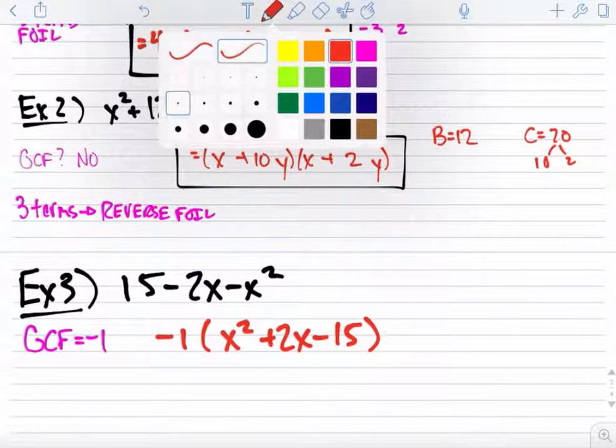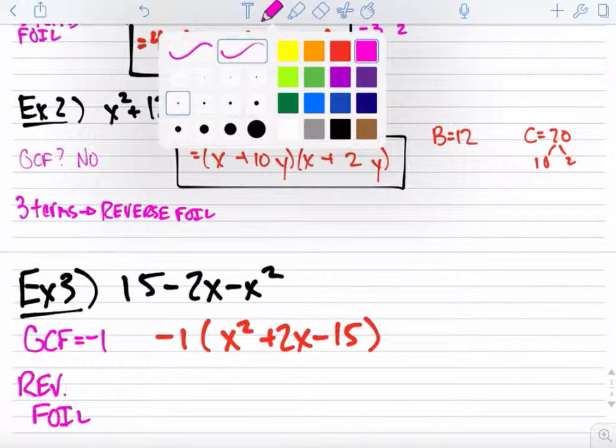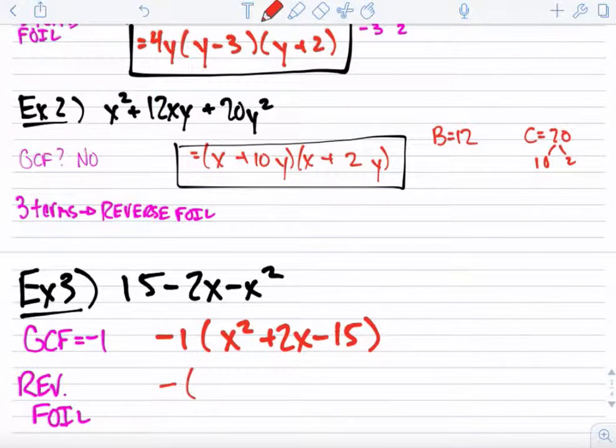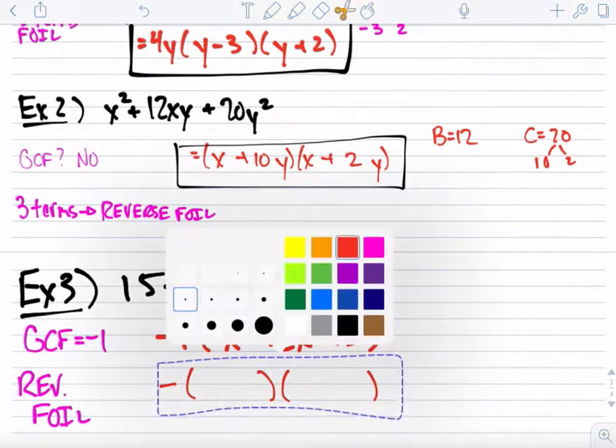Now I'm looking to reverse FOIL because I have 3 terms. Again, I have that negative 1, and I want to reverse FOIL by looking at factors of c that add to b.